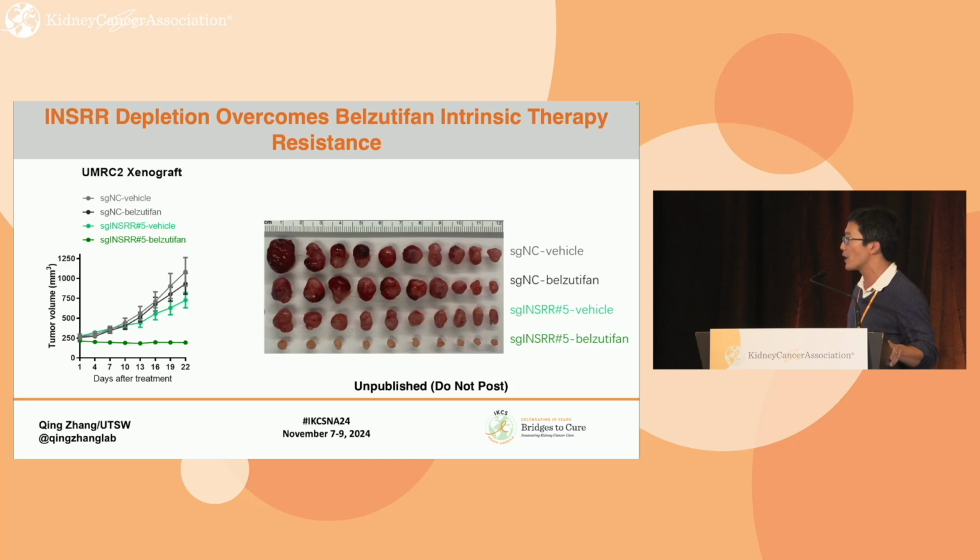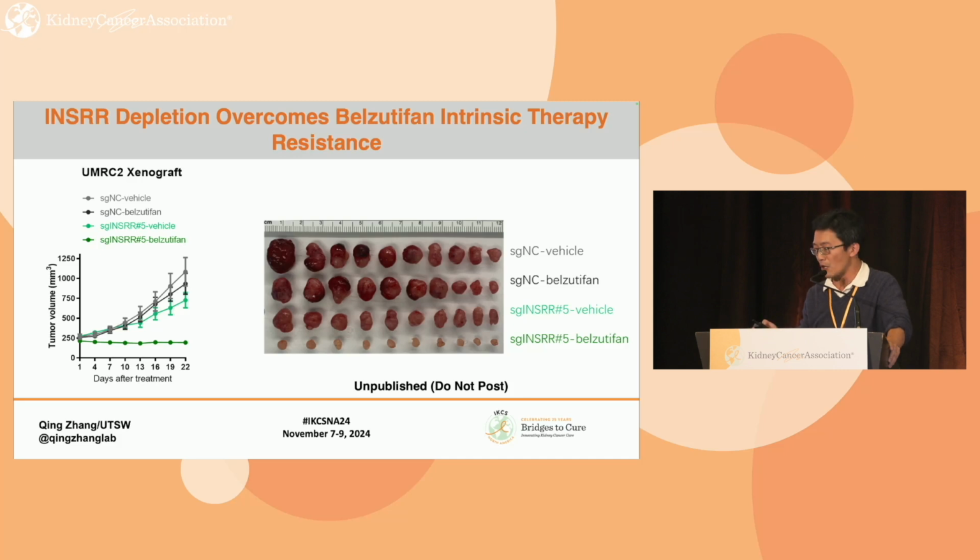On the other hand, if you combine INSR depletion with belzutifan, you can see dramatic tumor shrinkage. Another sgRNA shows the same phenotype, suggesting that INSR depletion along with belzutifan can at least partially reverse this intrinsic belzutifan resistance.